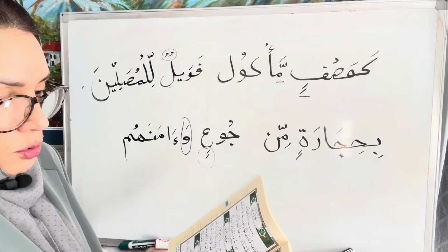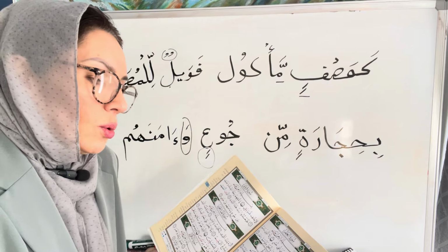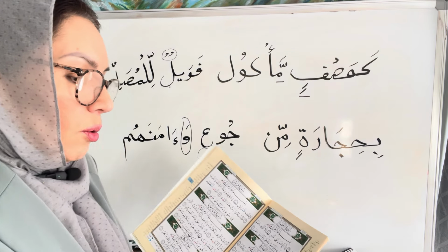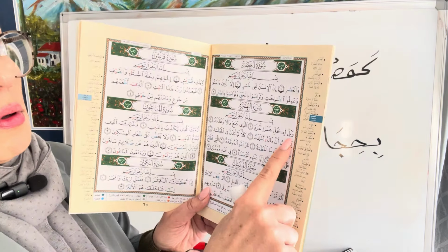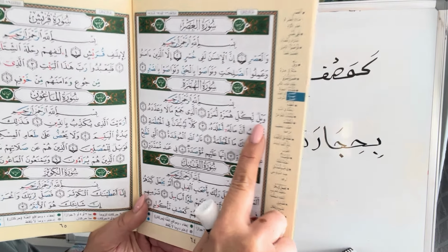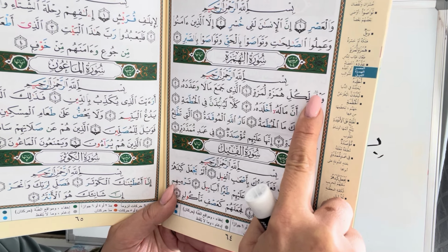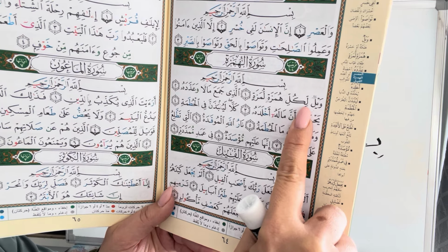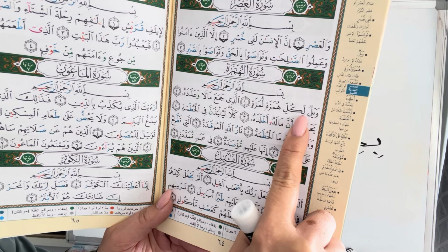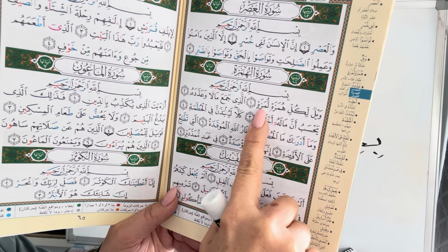Also, when we read in Surah Al-Humaza, Bismillah ar-Rahman ar-Rahim, Waylul likulli humazatil lumaza. Let's see if you guys can see that, yeah. Waylul, the lam with dammatain, followed by lam with shadda on it. So we read it as Waylul likulli humazatil lumaza.